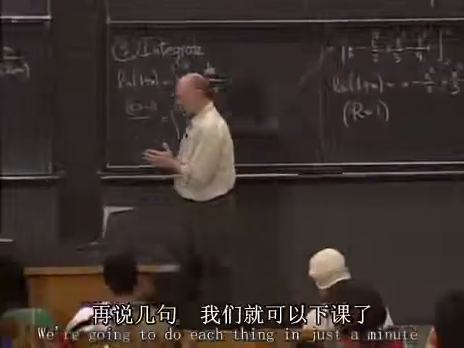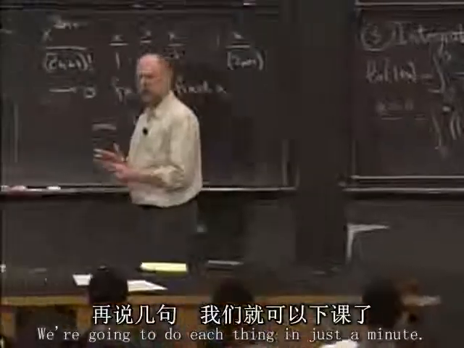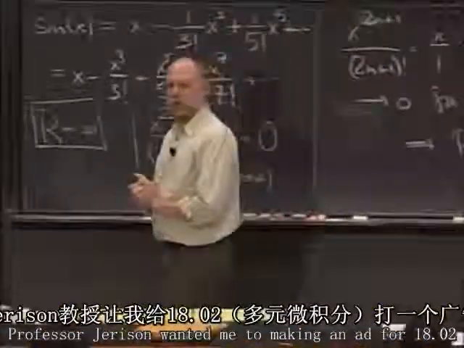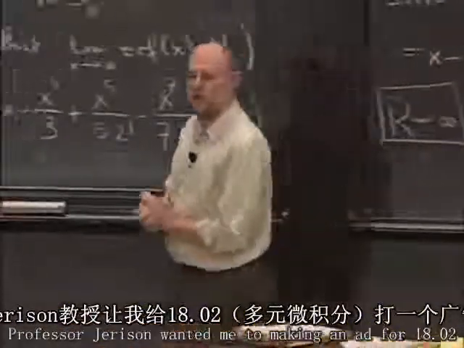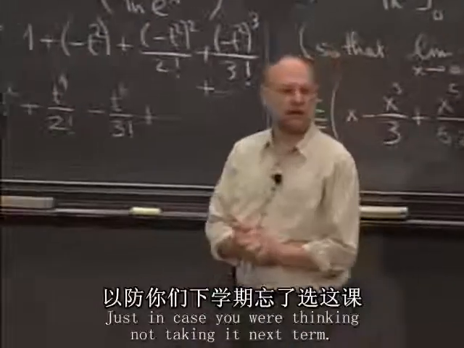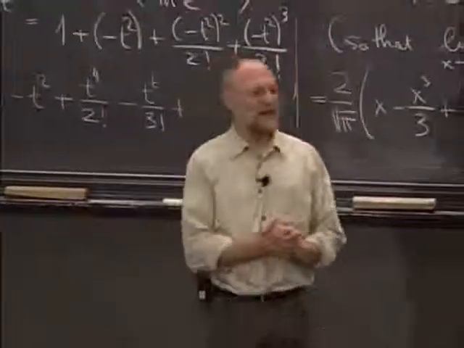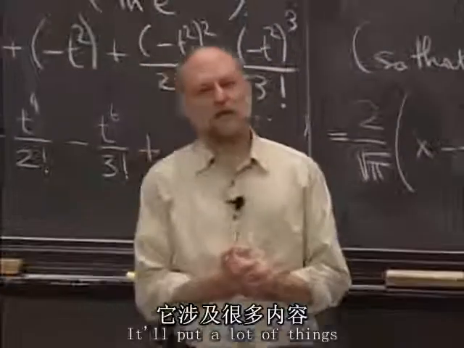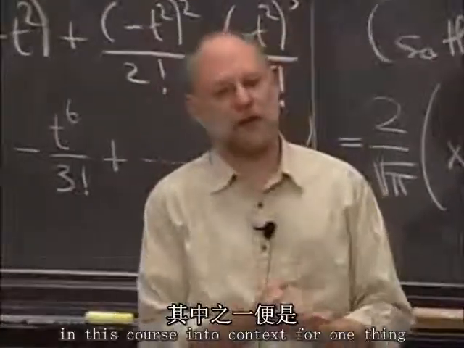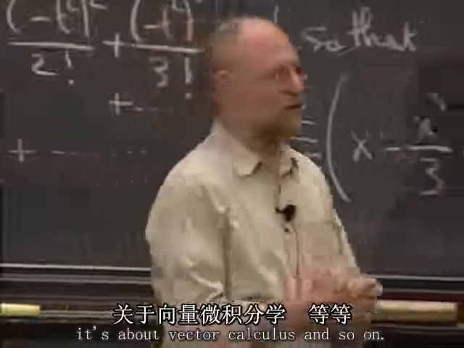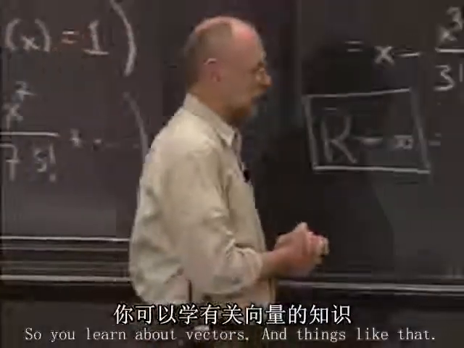So we're going to do the CEG thing in just a minute. Professor Jerison wanted me to make an ad for 1802, just in case you were thinking of not taking it next term. You really should take it. It'll put a lot of things in this course into context, for one thing. It's about vector calculus and so on, so you learn about vectors and things like that.